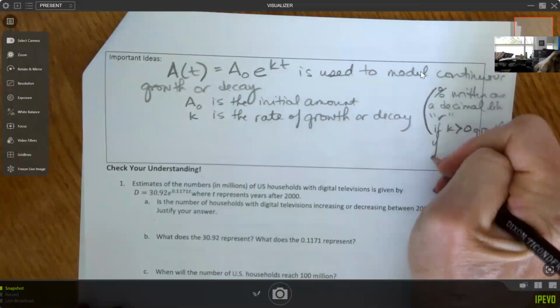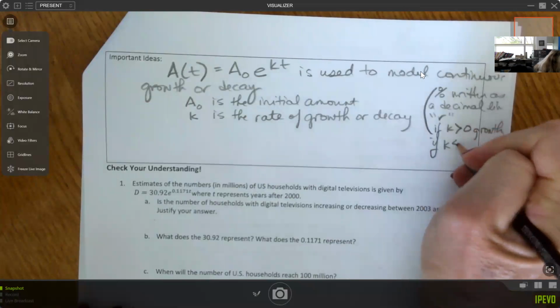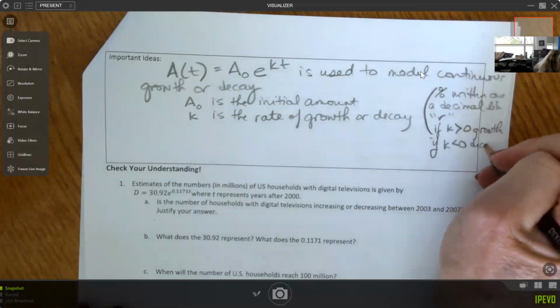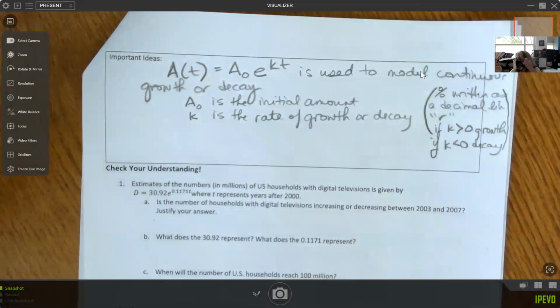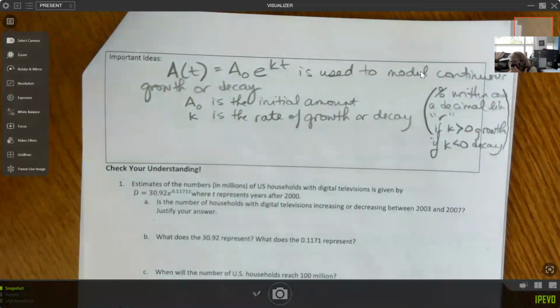If k is less than 0, we're experiencing decay. So when we figured out the k for the cough medicine, it was a negative number. Once you're familiar with this pattern, you know you're doing it right, because anything that's getting smaller, decaying, should have a negative k value.